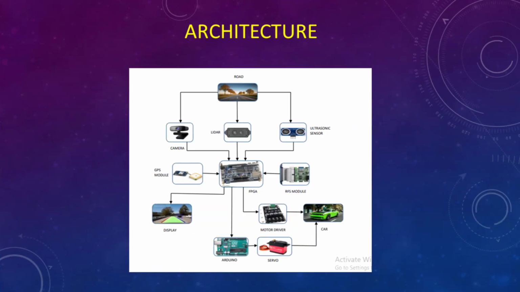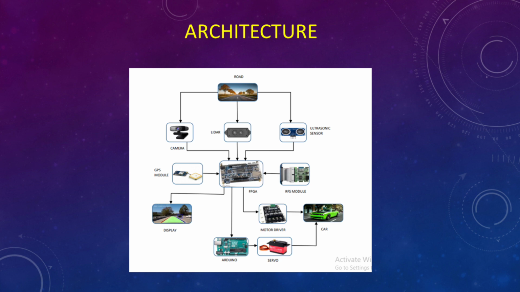Let's see the architecture. Here, camera, lidar and the ultrasonic sensor send the data to the FPGA. The data received from the camera is used for object detection and lane detection. The data received from lidar and ultrasonic sensor is used for obstacle avoidance.